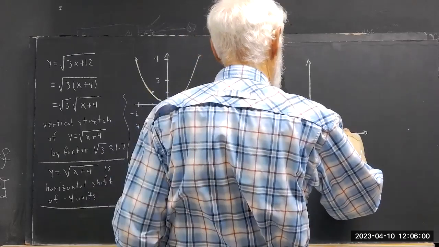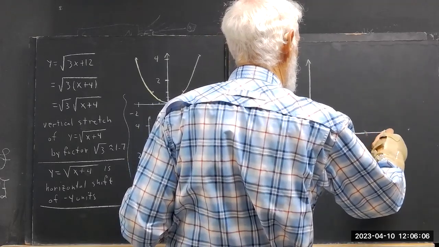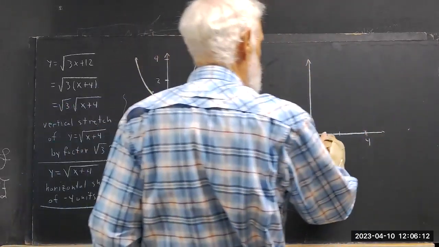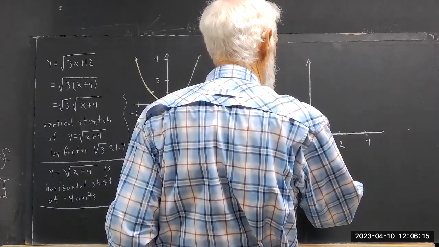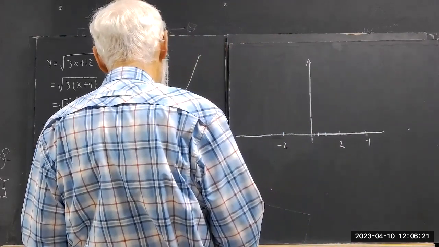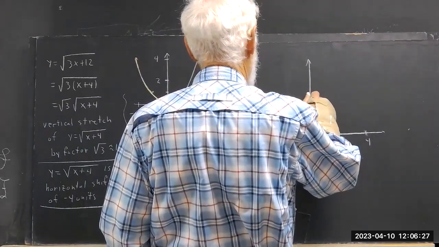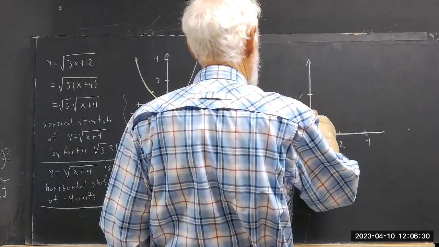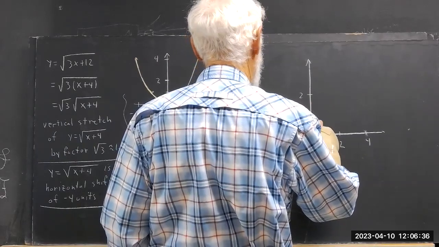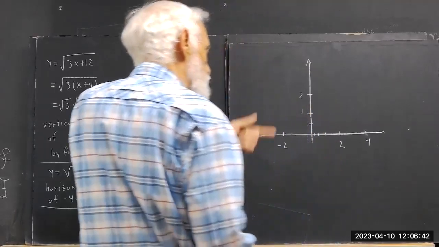I'm going to put -2 here, 2 here, and 4 down here. Okay, now I'm set up.